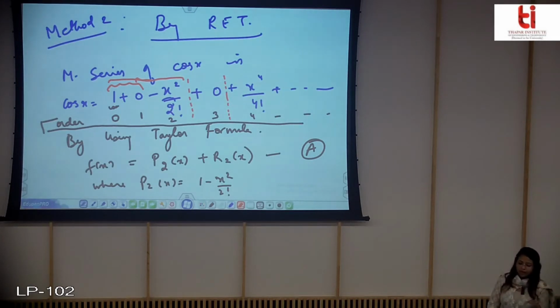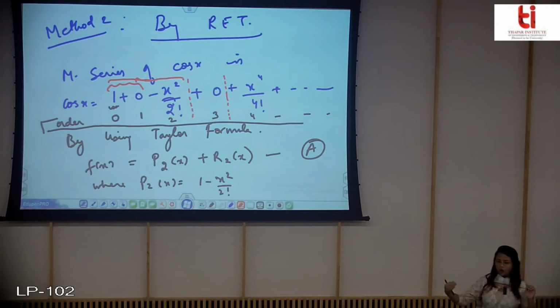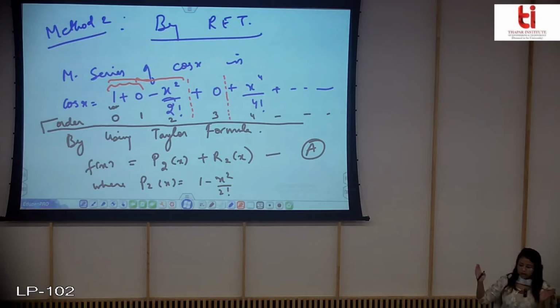So whenever you have only the series till 1 minus x square by 2 factorial, and when you opened cos of x, you saw that the next term was 0. So obviously if you consider the Taylor polynomial of order 3, it would be the same as this only.